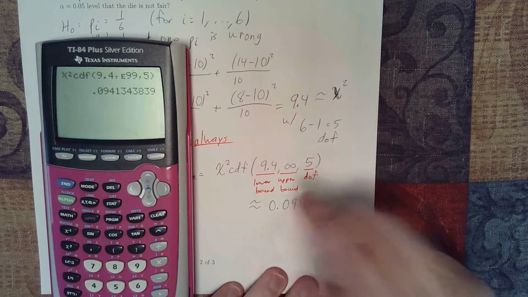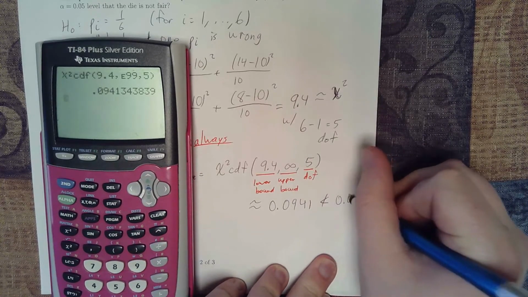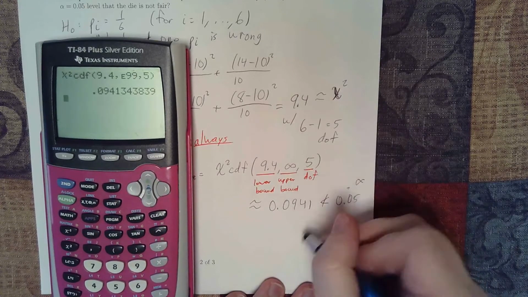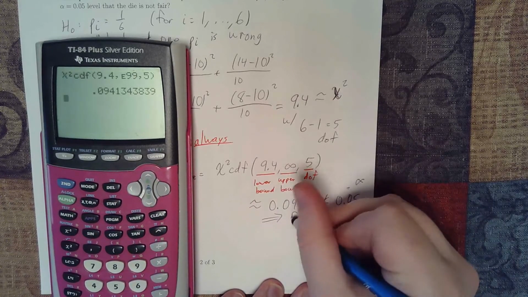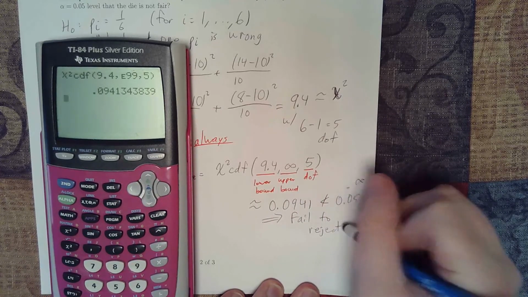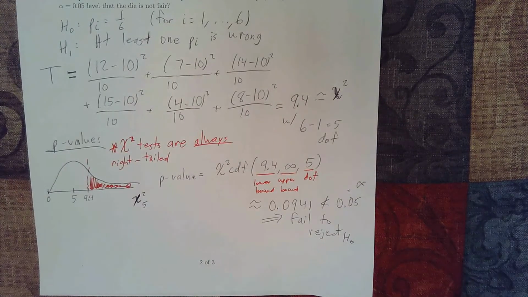If you look at this, this is not less than 0.05, which was our alpha. So this tells us that we fail to reject the null hypothesis. That was just using the p-value method.